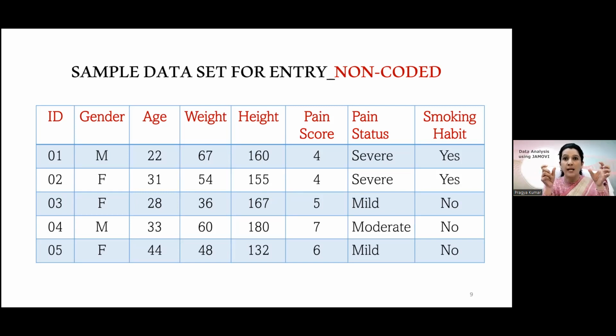So whatever you write in words like mild, moderate, severe, or yes, no, that is non-coded. Why? Because you are writing words. Coded means you are giving a number to it. So age, weight, height, since they are already numbers, they will always be non-coded, because they will always be an actual number.